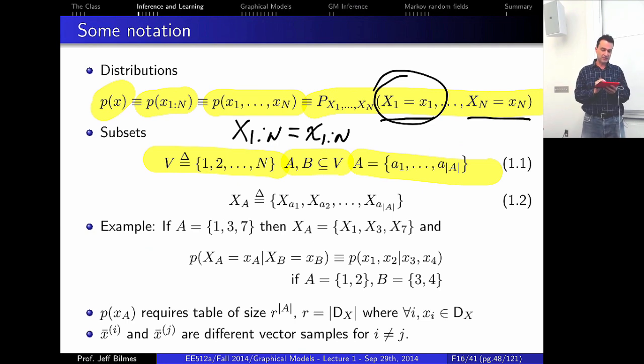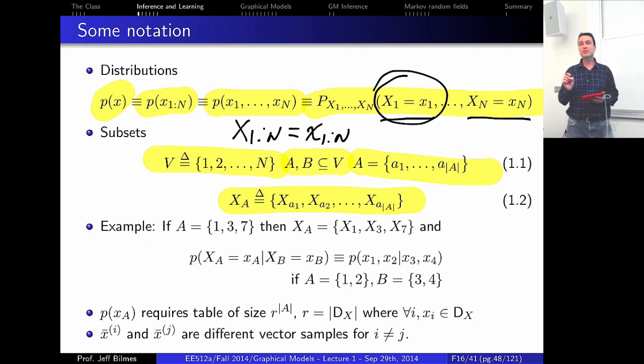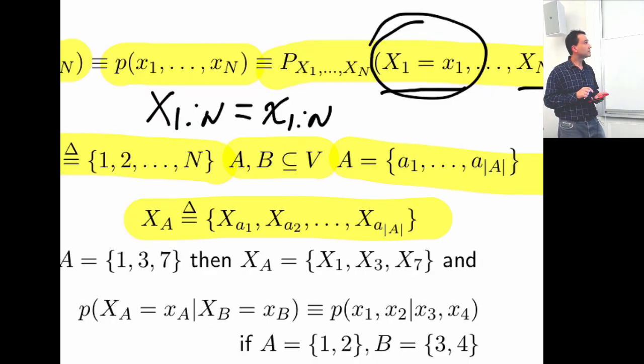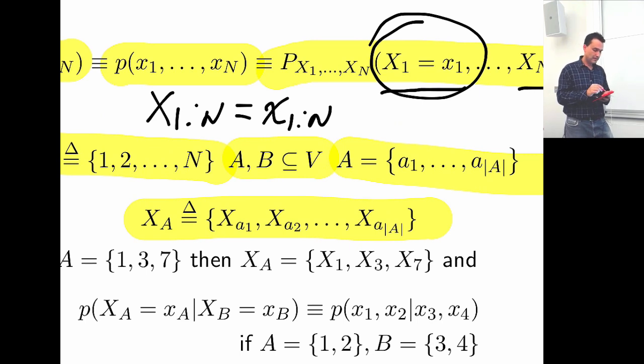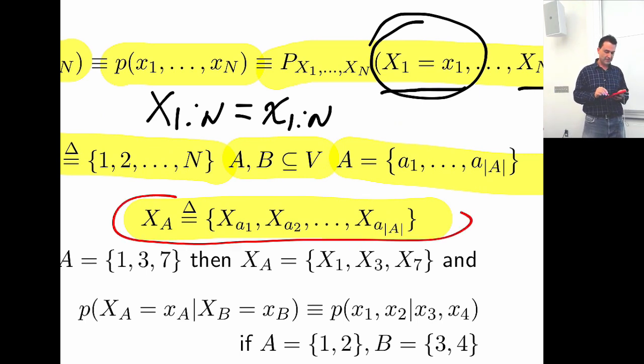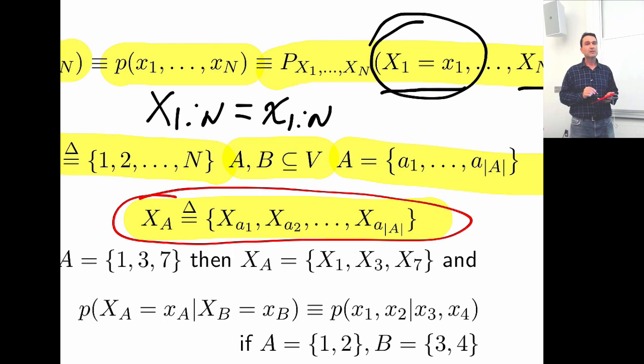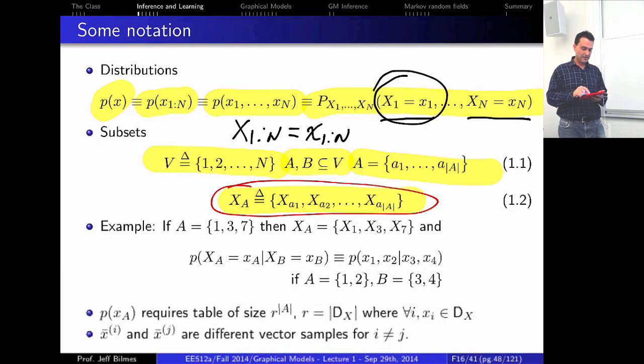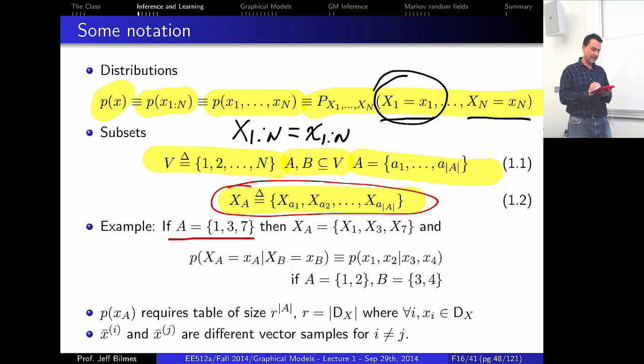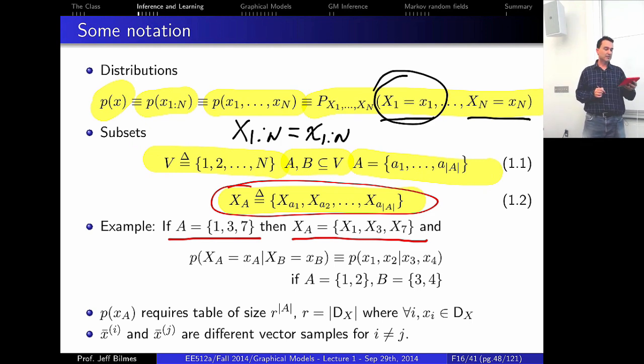And so that allows us to talk about subsets of random variables just by using a subscript, which is the index set. So X of A is just this subset of random variables indexed by the set A. This is a very convenient notation because, if A is the index set 1, 3, and 7, then X of A is the random variable set X1, X3, and X7.